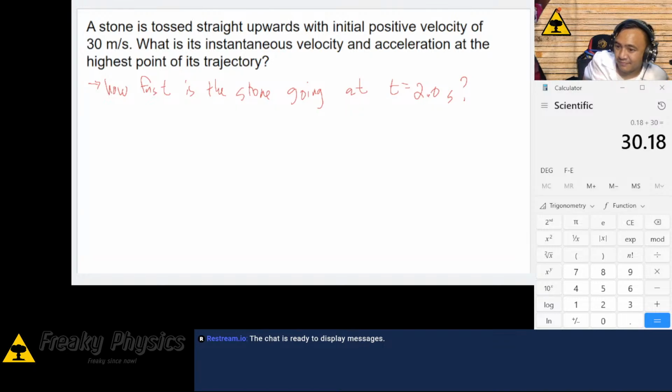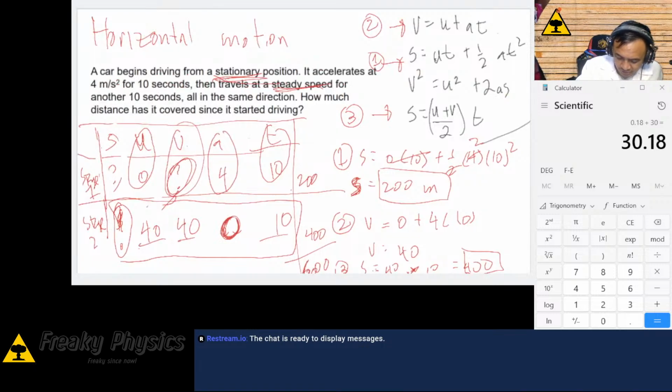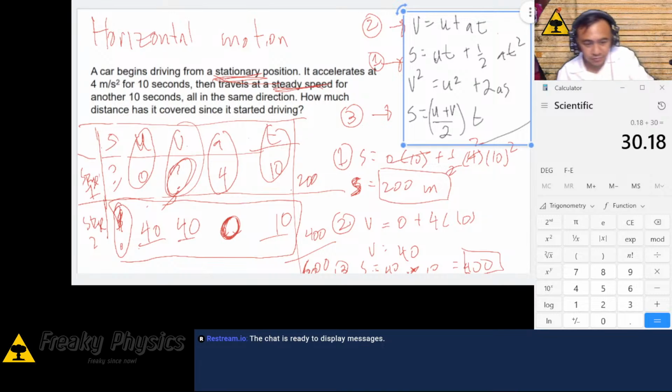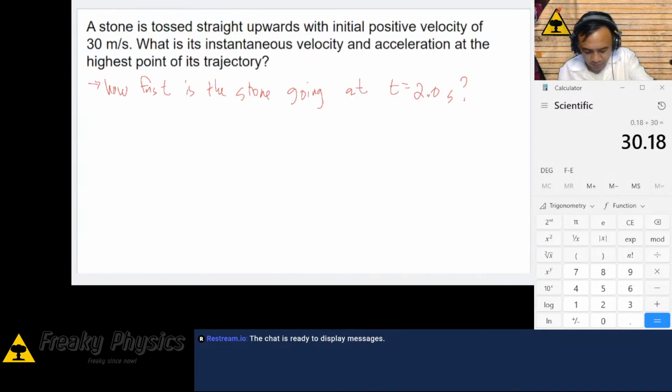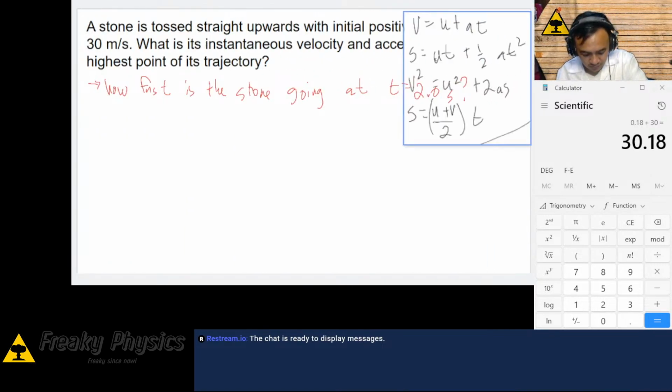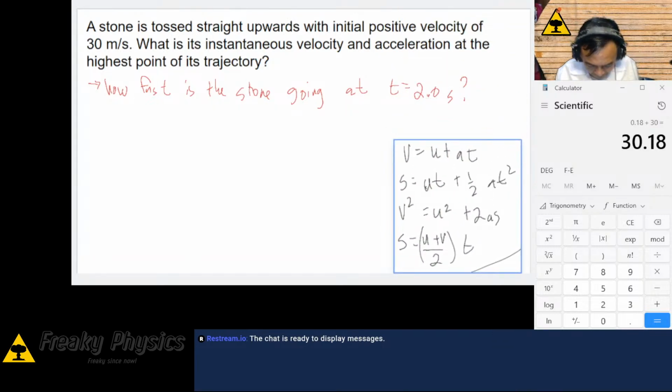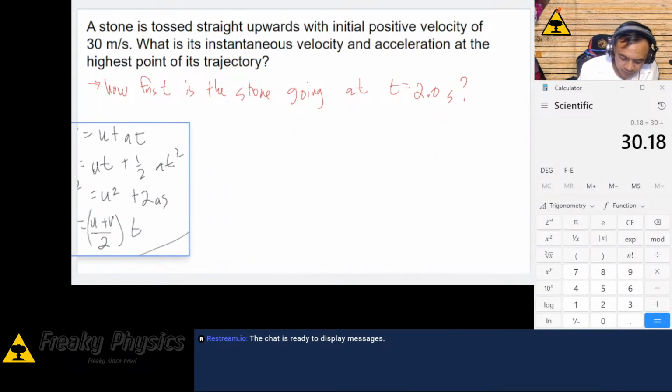Let's add that. Is this the first equation, u plus v divided by 2? Okay, I'll just copy the equation again. Control C, Control V. v squared equals u squared plus 2as. Yep, I put it here.